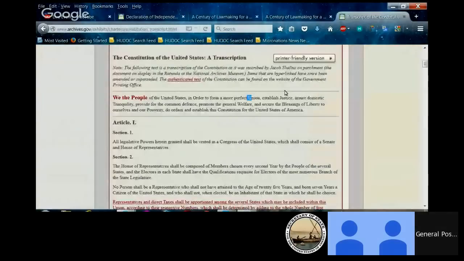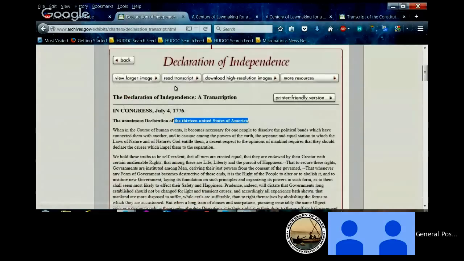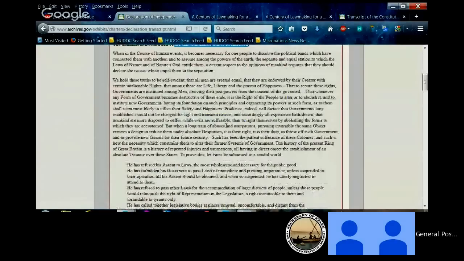So they're still trying to do that, and then they come in with the do ordain and establish this Constitution for, here we go again, the same entity. This same little entity that was never in the Declaration of Independence, just so everybody sees it, right here, that entity was changed.